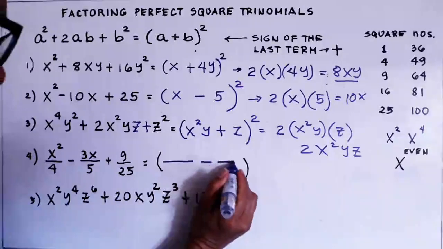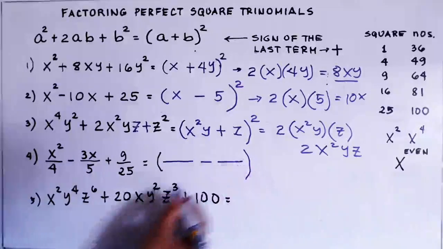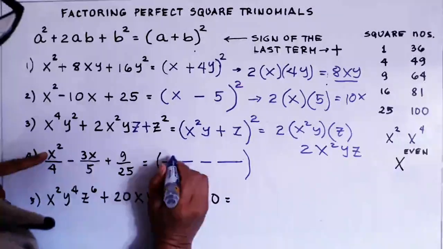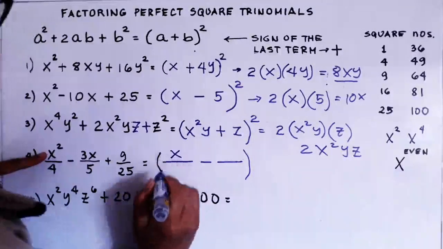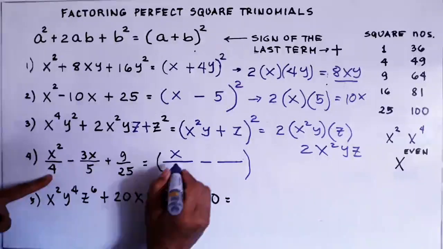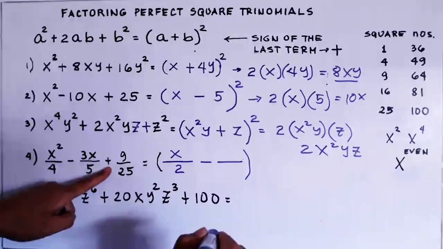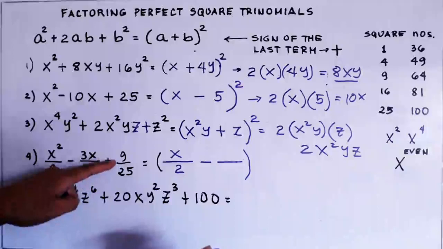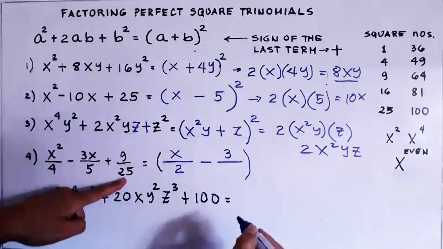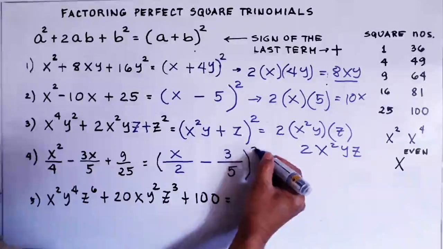Square root of x squared over 4: x over, square root of 4 is 2. Not plus, because it's minus there. Square root of 9 is 3, and square root of 25 is 5, and then square.